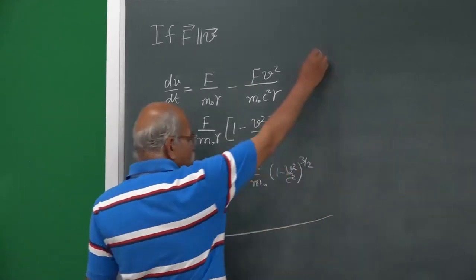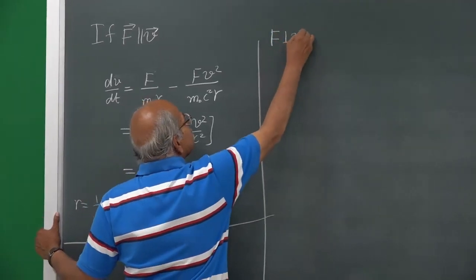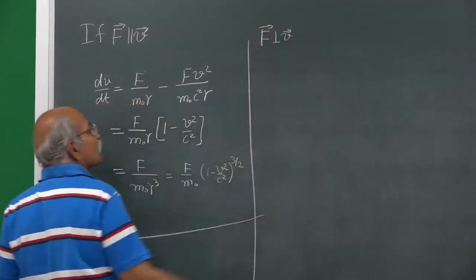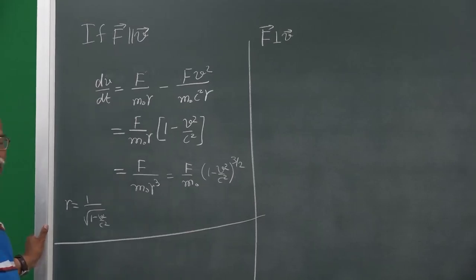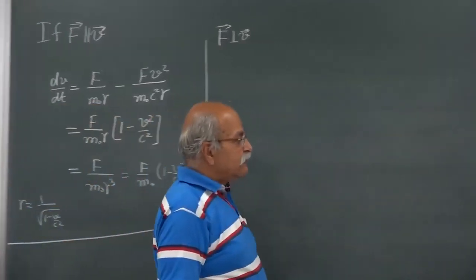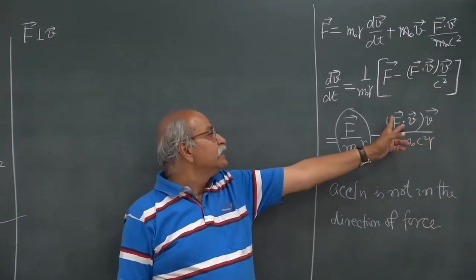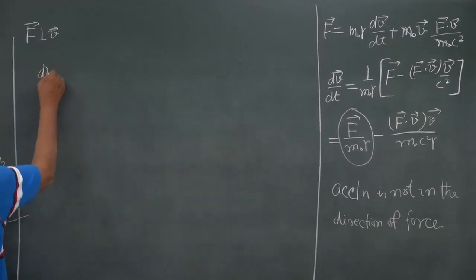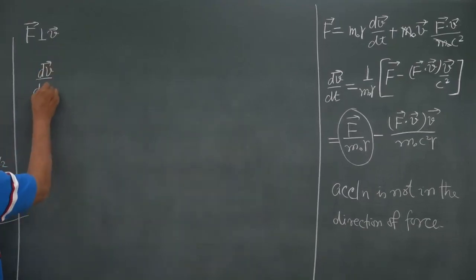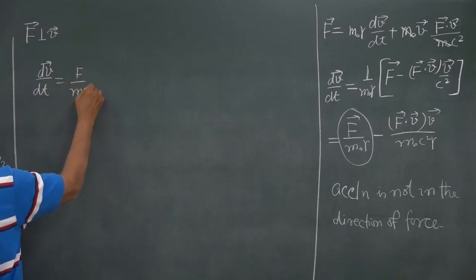And the other case is when f is perpendicular to the velocity. If force is perpendicular to the velocity, in that case this f dot v will be 0, and then the equation will be just dv dt is equal to f divided by m naught gamma.